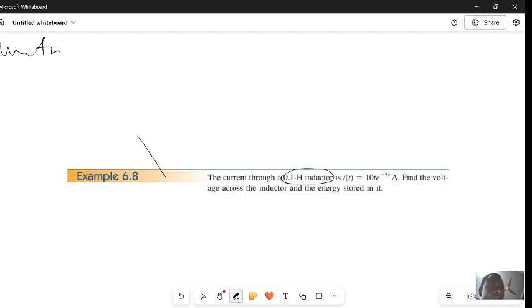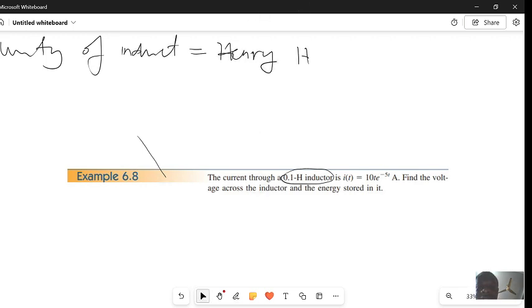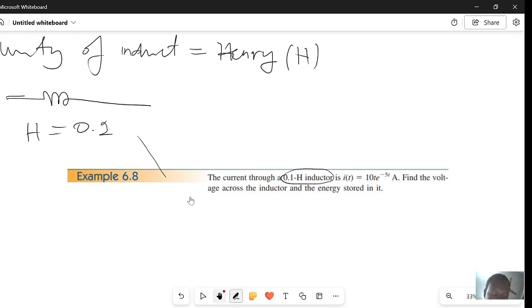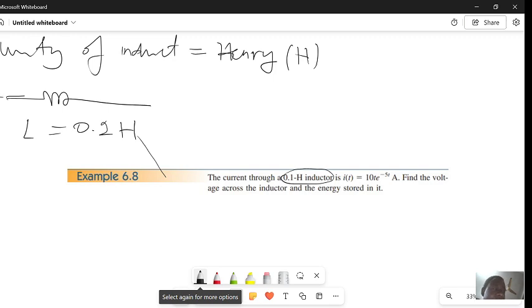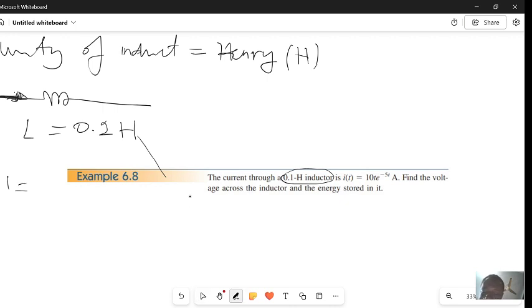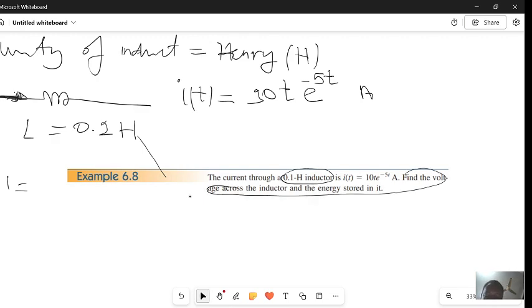The unit of inductance is called Henry, noted by H. So L is going to be 0.1 H, and the current passing in this inductor is i(t) equals 10t e^(-5t) amperes. Now find the voltage across the inductor and the energy stored.